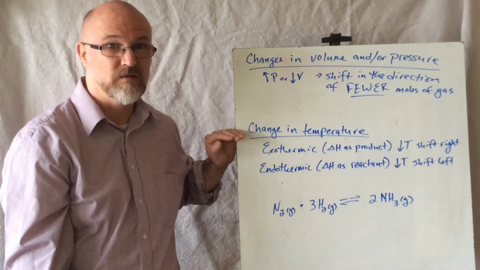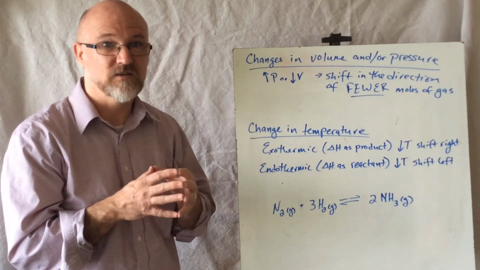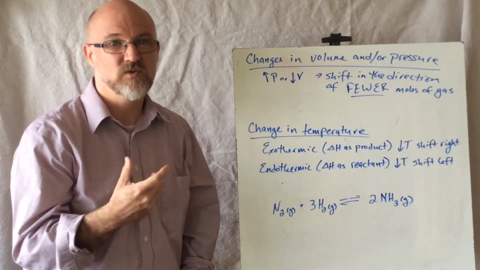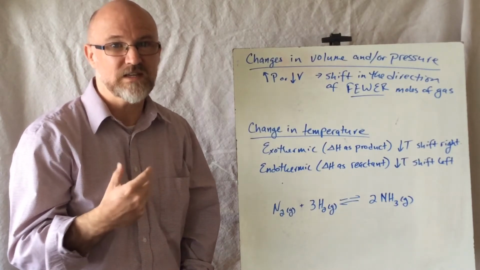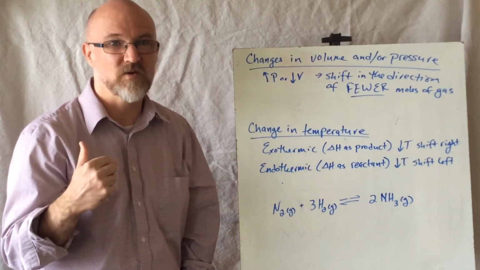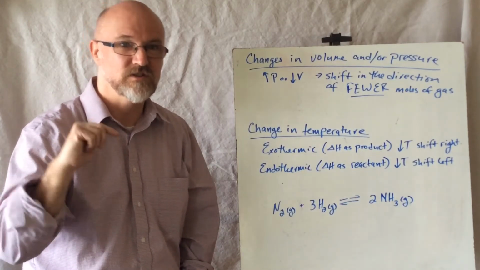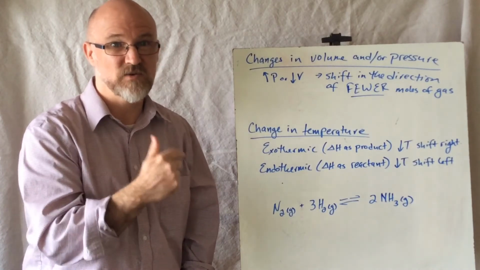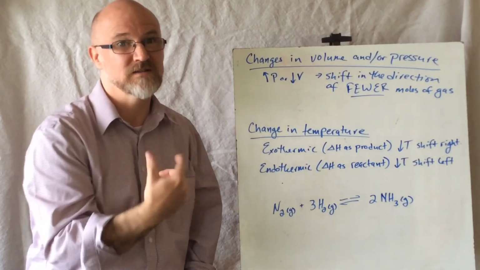Temperature. Remember I said when we looked at thermodynamic equations that we can write the actual delta H value, the heat, as a reactant or a product. If it's an endothermic reaction, then heat energy is going into the system. It's as if it were a reactant. And if it's exothermic, then heat's coming out as if it were a product.